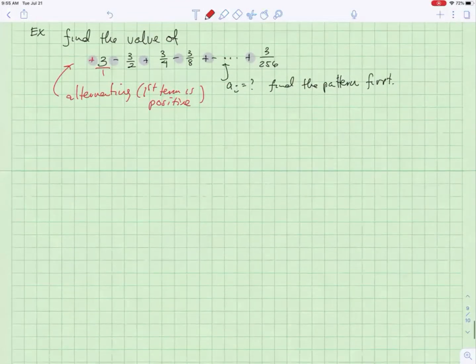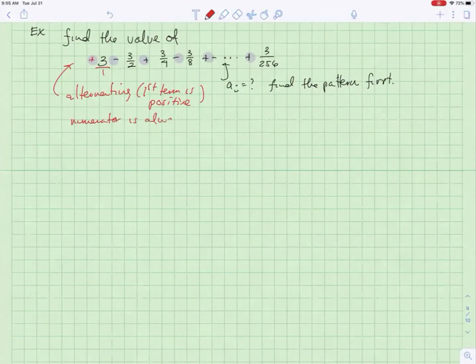The numerator is always 3. The denominator is powers of 2, starting with 2 to the 0.